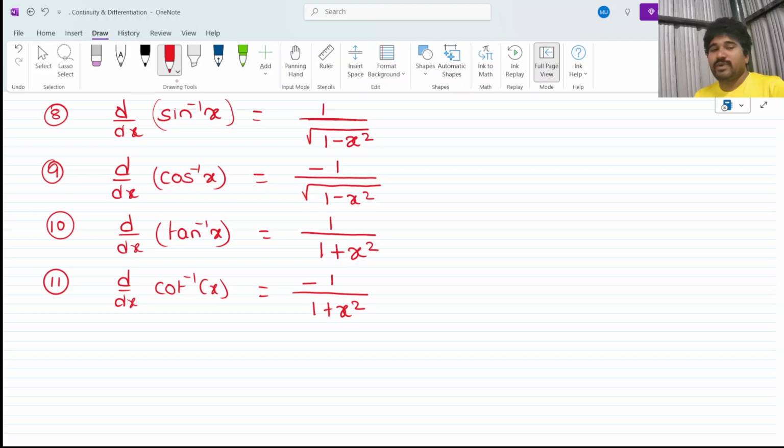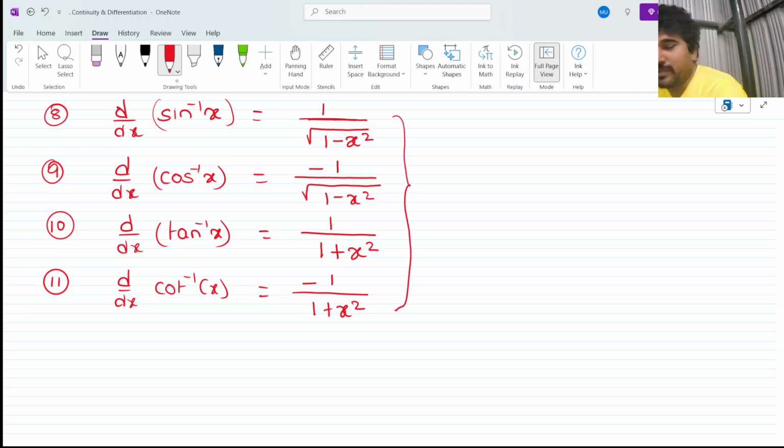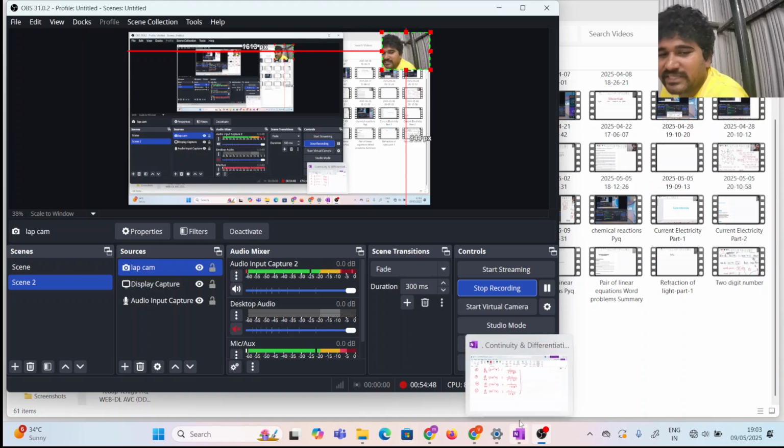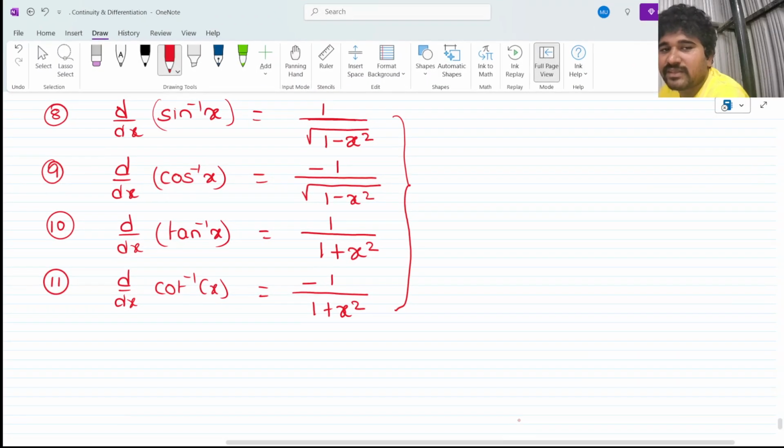So, sin inverse x: 1 by root of 1 minus x square.